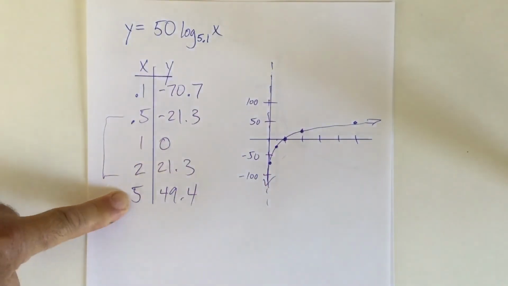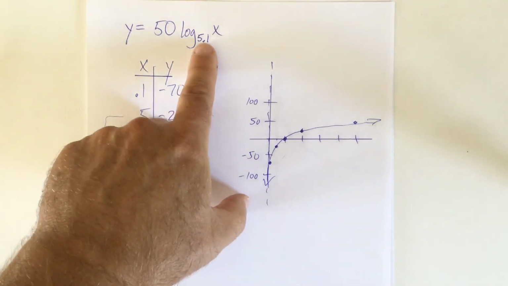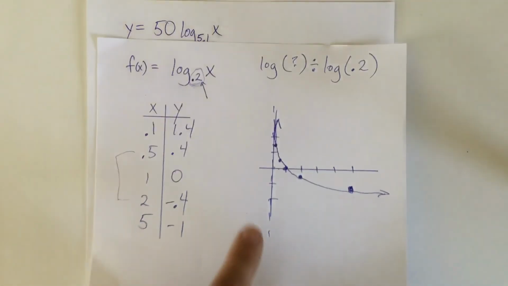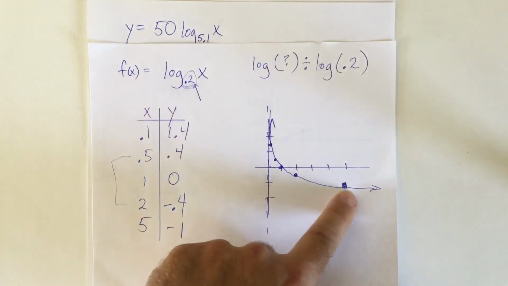And once again, all logarithmic graphs have the same type of feel to them, just like all of my exponential graphs had a certain vibe. That one is if the base value is bigger than 1. And remember, when the base values are smaller than 1, it does this.